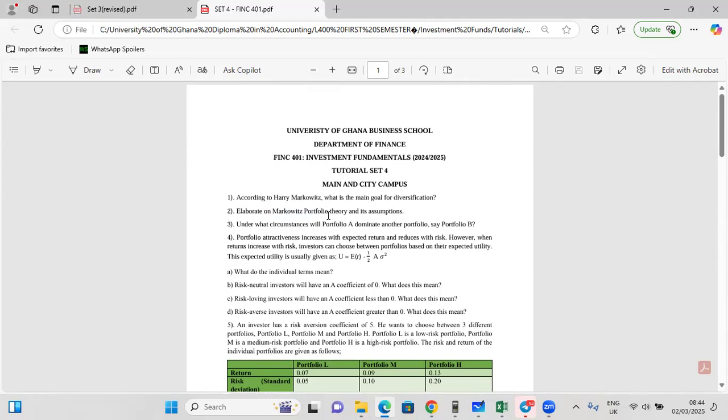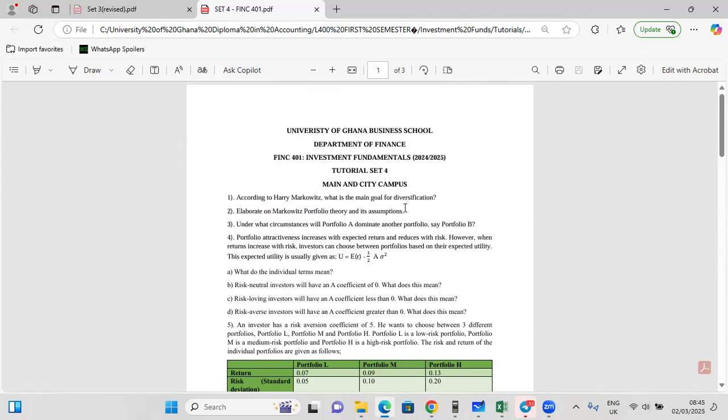What he did was that the core idea was that portfolio risk and return is not merely the sum of individual assets, but they are determined by how these assets interact with each other. So if you want to know your portfolio return, it shouldn't only be the number of assets you have in there, but it should also be on how they move together.